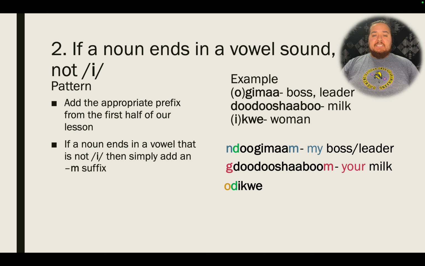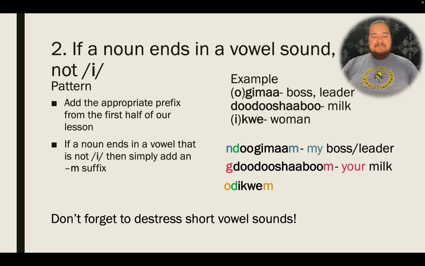For third person, it's an O sound, but the same rules apply for N or G. From here, we're just going to add our ownership suffix to complete the ownership, which is an M sound. And we have to remember to de-stress any short vowel sounds. In this case, it's our O sound in front. So this is how we go from kwe to dikquem for his or her woman or wife.